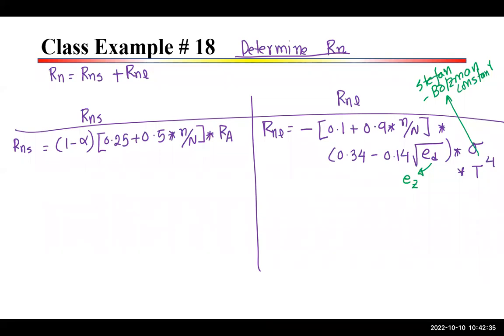Exactly. Yes. Like 0.825. Yes. And over N. So here is that mean percentage sunshine.